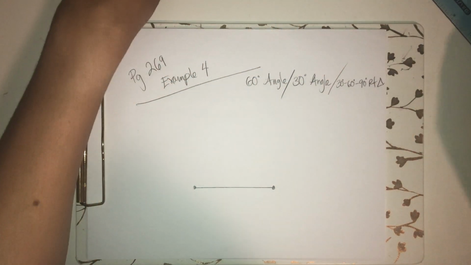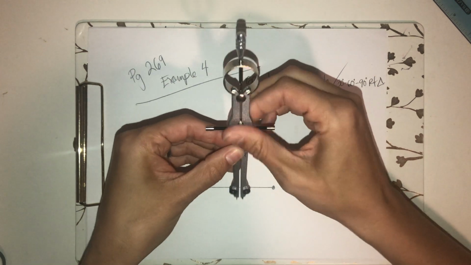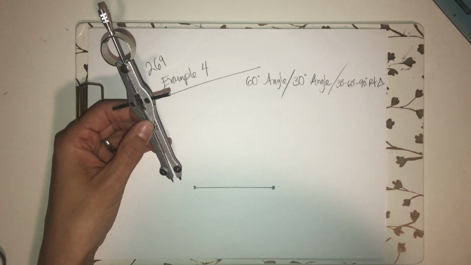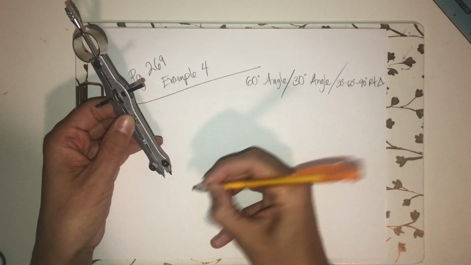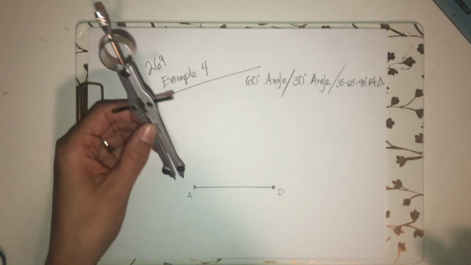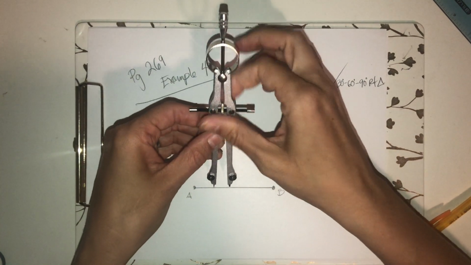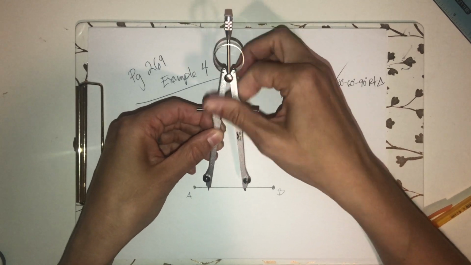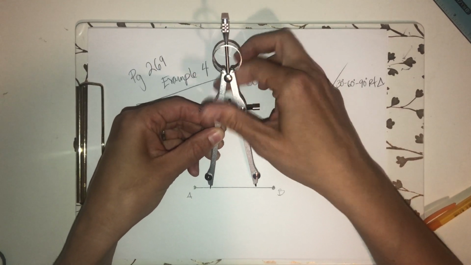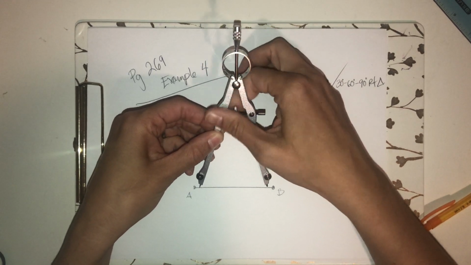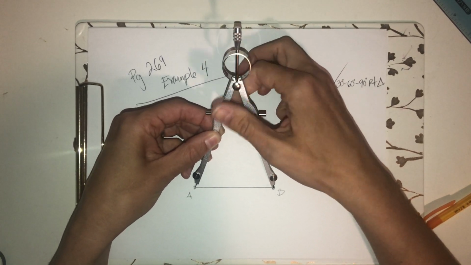because I'm fairly certain that my compass can encompass this distance. So the first step after you draw your line segment, let's go ahead and name the endpoints. I always like to do that. Let's name them A and B. Let's open up our compass such that we capture this distance, and I'm going to have to open it up pretty far, maybe close to the maximum length that it can handle.